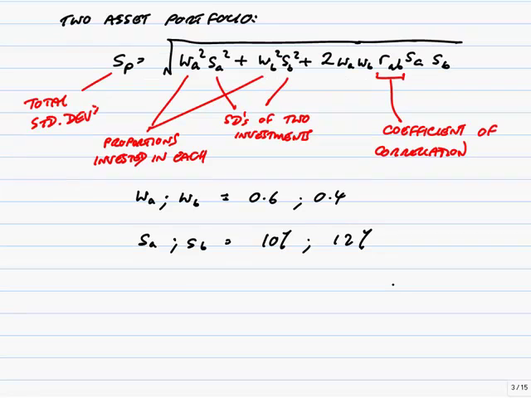Finally, RAB is the coefficient of correlation between the two. Again, you should remember from paper F2 that the coefficient of correlation can be positive, can be negative. It's between plus and minus 1. Don't worry too much if you've forgotten, because you would be given it. In this question on the third line, the coefficient of correlation is plus 0.2.